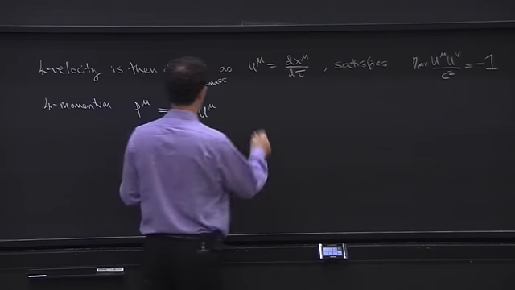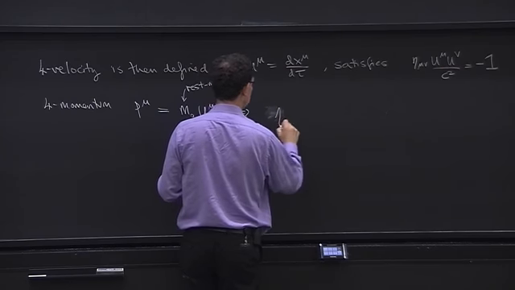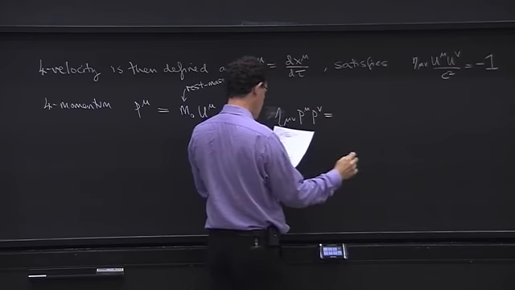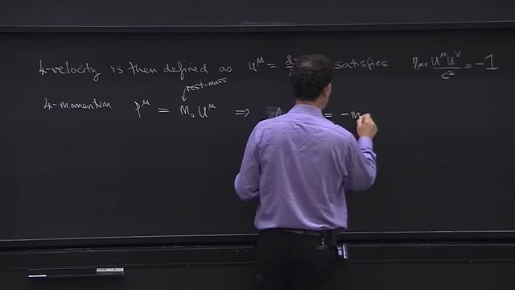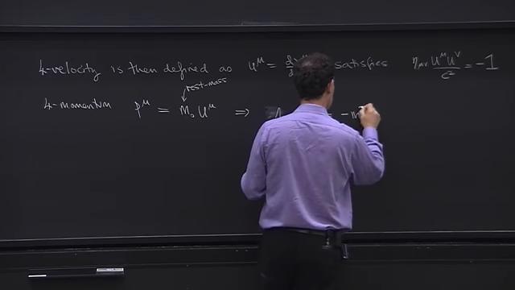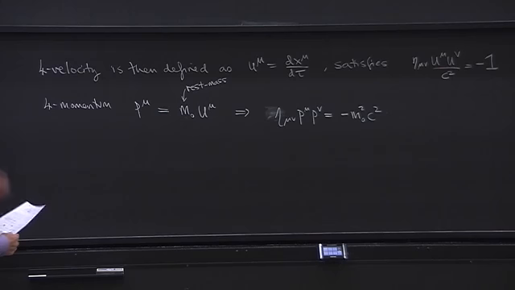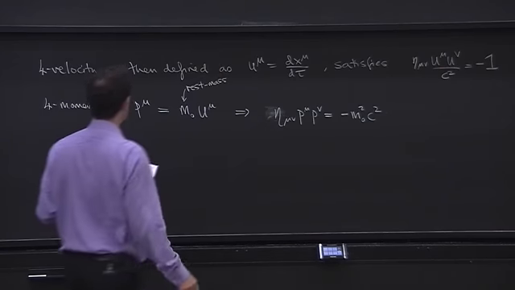That's a 4 vector, and likewise it follows that eta mu nu P mu P nu is equal to minus m naught squared c squared. It's a momentum squared. Now, I believe I've unfortunately changed dimensions on you.